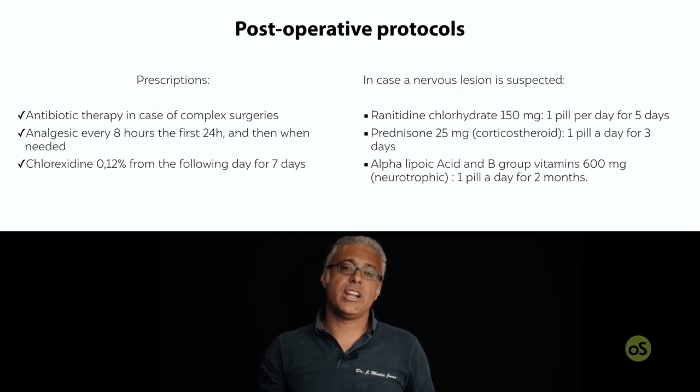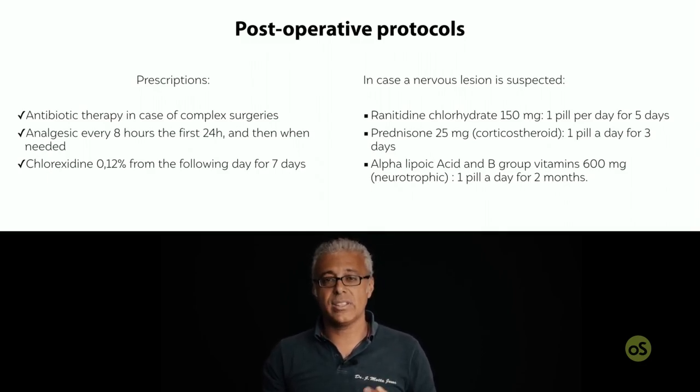We're going to give an analgesic therapy for at least 1 or 2 days, every 8 hours, depending on what drug we're going to give and prescribe to our patient, and then a disinfectant therapy with chlorhexidine 0.12% for at least 7 days until the patient removes the stitches.